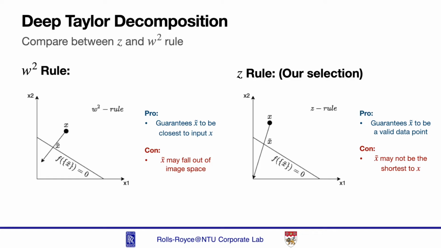This solution may not be optimal, but I think this has little influence on our heat map. There are also a couple more rules discussed in the paper, but they are all very similar in principle, and they all have their pros and cons. So I don't think there's a problem if we choose the Z rule for our explainable model.